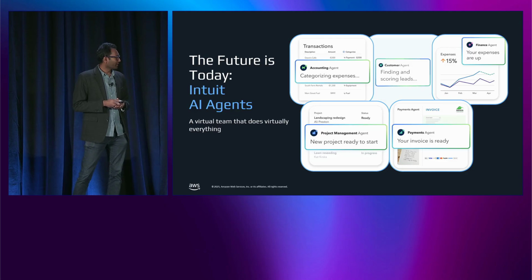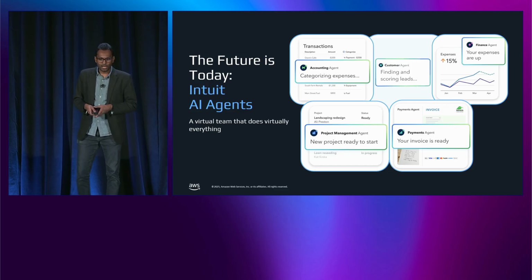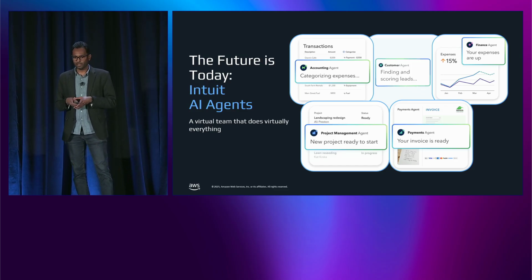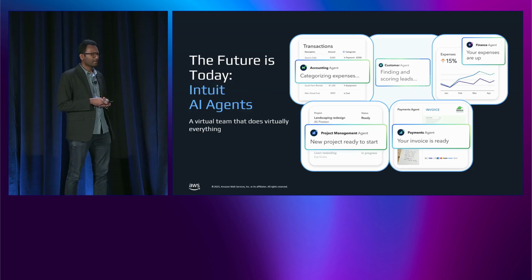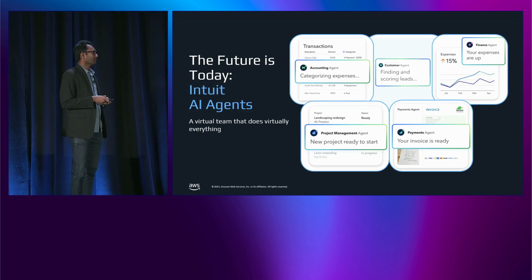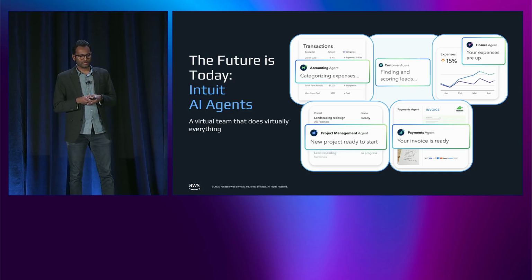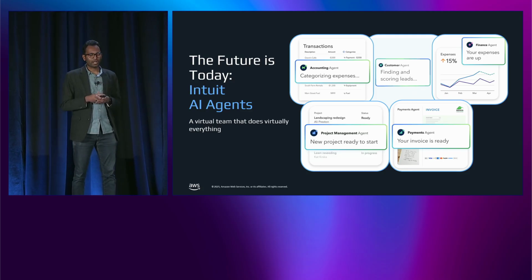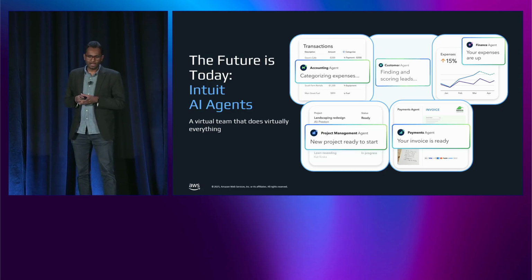So before I take you into the journey, I want to talk about where we are today. This is the state of the art at Intuit. These are Intuit AI agents embedded into our products. And these aren't just regular chatbots answering questions.